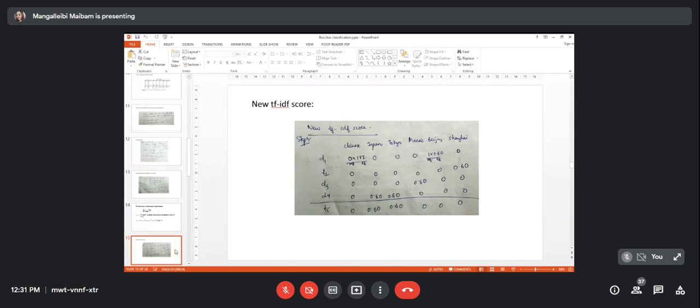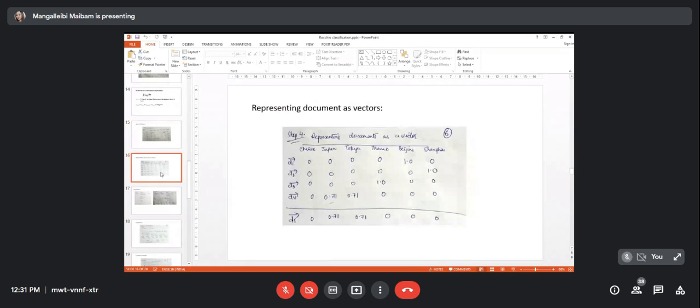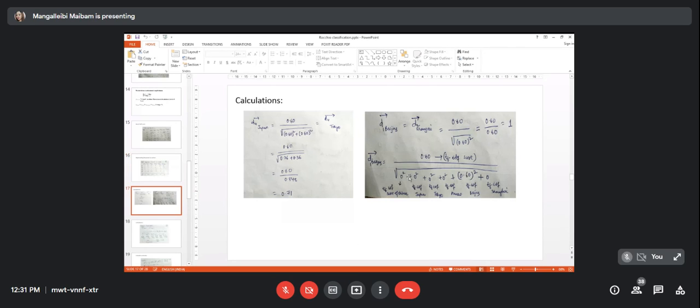After finding the new TF IDF score, our next step is to represent the documents as vectors. In order to represent a document as a vector, we need to find the dot product and length normalization, which we have done in our vector space retrieval model. So it is done here. For each term, the value for the respective document should be computed.